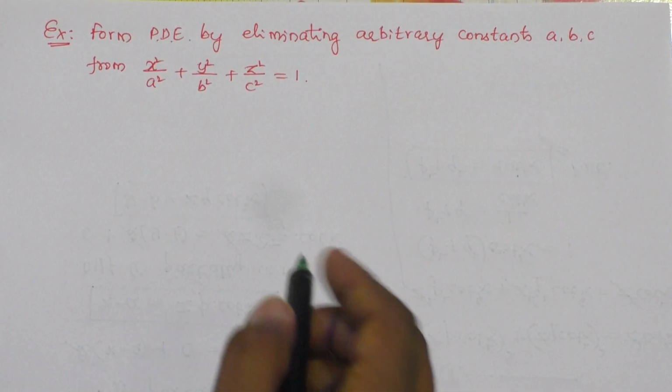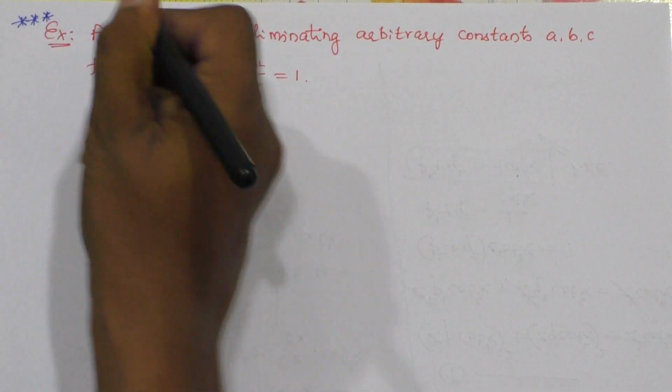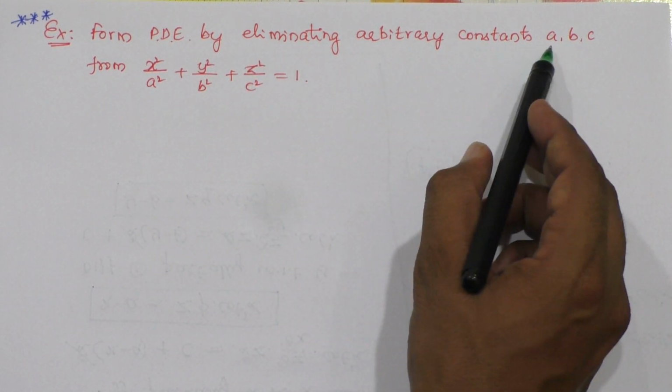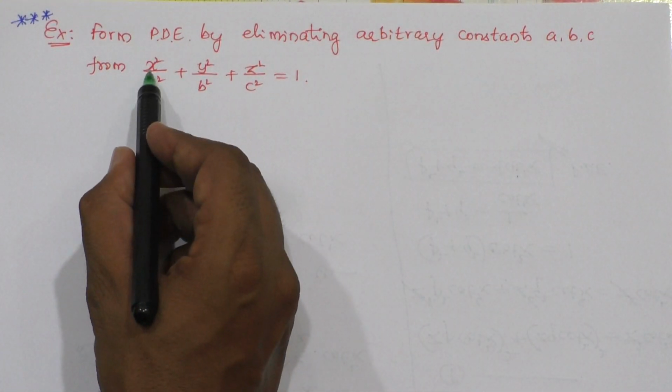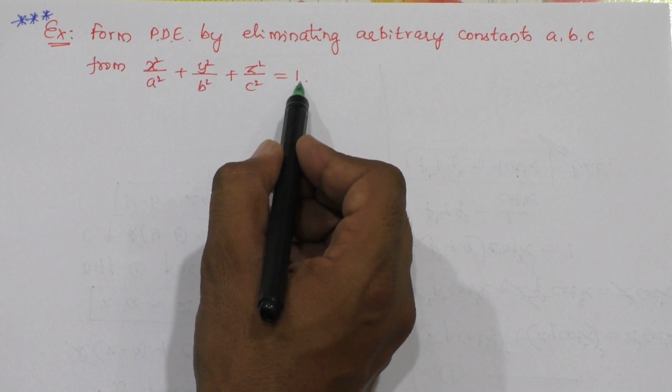So let us solve another problem which was given in VTU exams for 7 marks: form the PDE by eliminating the arbitrary constants a, b, c from x square by a square plus y square by b square plus z square by c square equal to 1.